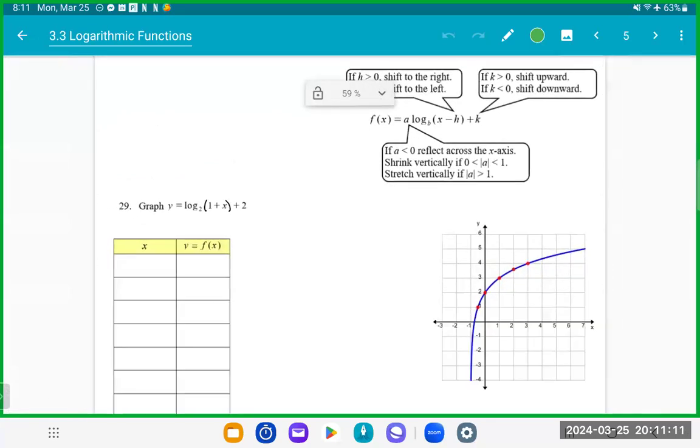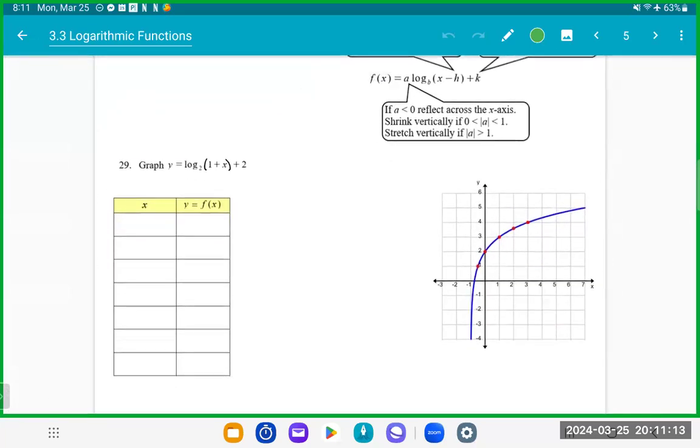Okay, similar. We have something that's a little bit more complex, right? So if we're looking at this, the parent in this one is going to be y equals log base 2 of x.